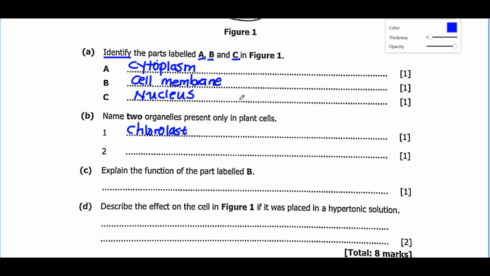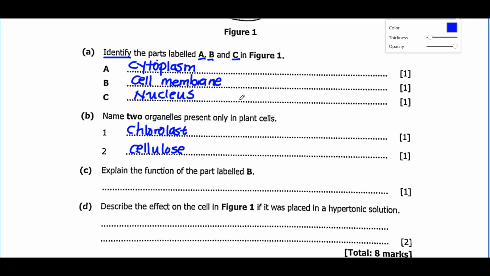Apart from chloroplast, we may also have cellulose. Cellulose is a glucose kind of material that is found between the cell and the cell membrane, and cellulose is what forms the cell wall. Then also the cell wall is another structure that can be present in plant cells but not in animal cells.